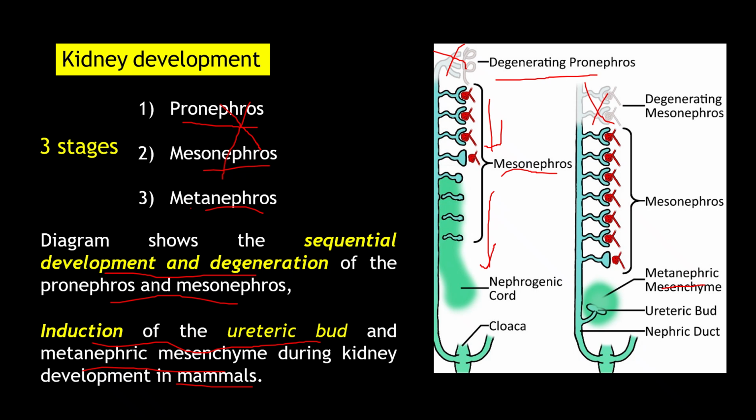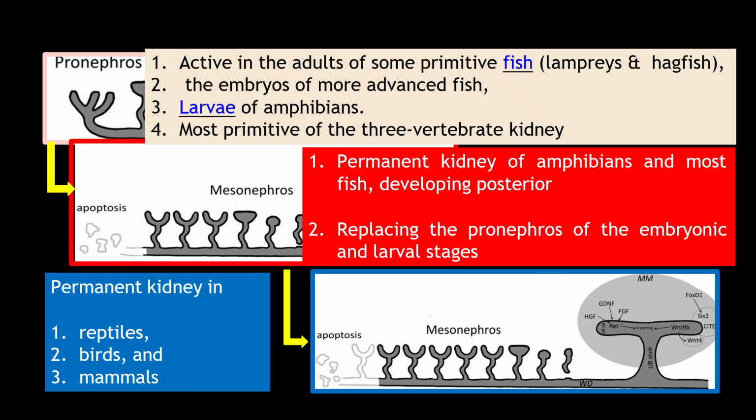In other organisms, in other vertebrates, it happens slightly differently. In the case of fish, and some amphibians, you only go through the pronephron stage. In other amphibians that have a permanent kidney, they destroy the pronephrons through apoptosis, and they keep the mesonephrons.